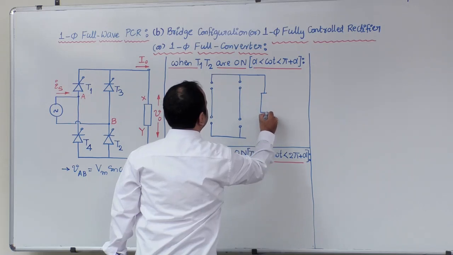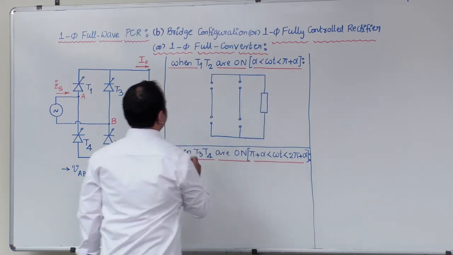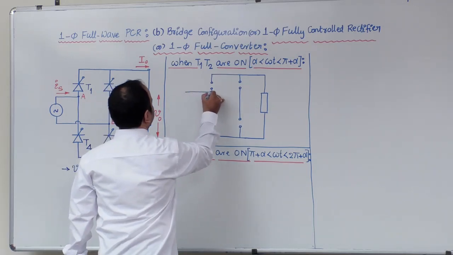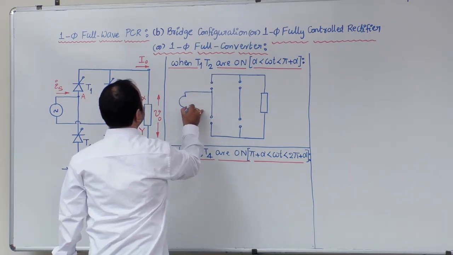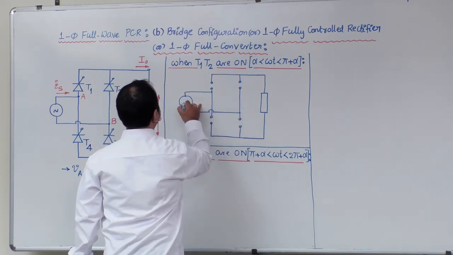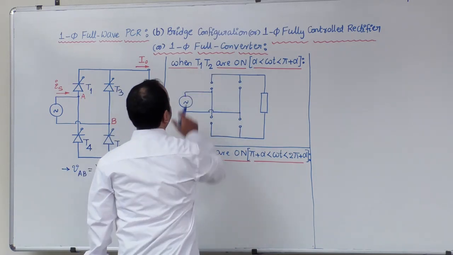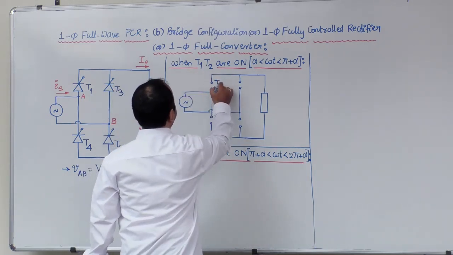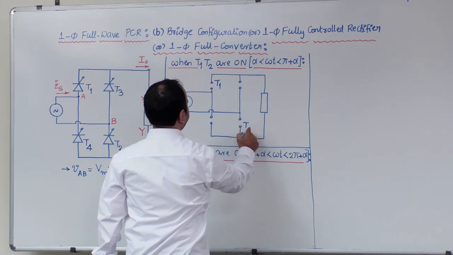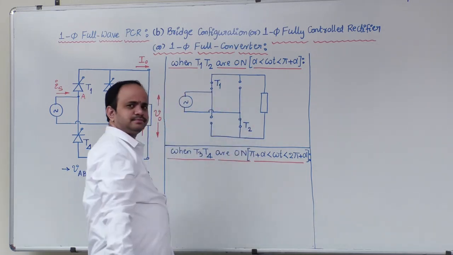This is the load, and here there is a source. Now T1 T2 are on. This is the T1 device, this is the T2 device. What you can do is close these 2 devices.